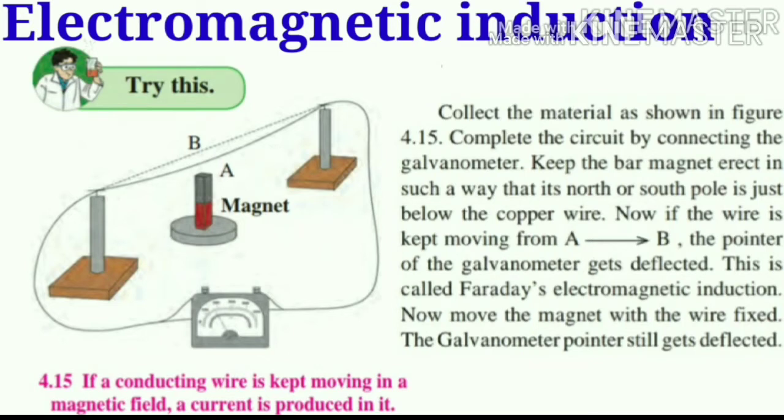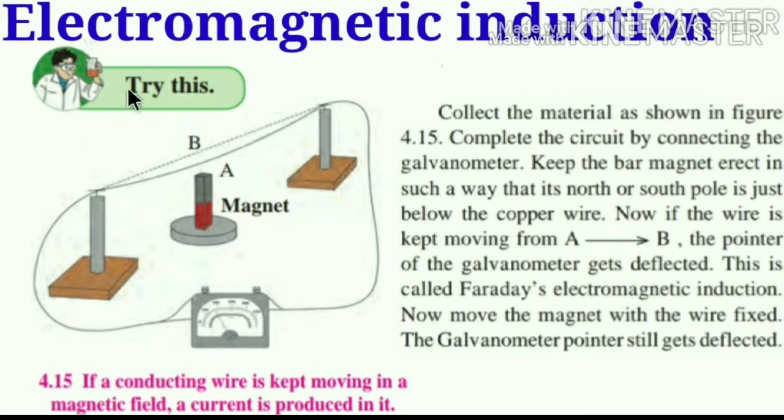Faraday showed that an electric current can be produced in a conductor with the help of a moving magnet. In the electric motor, the conductor is moving and the magnet is stationary. But here, the magnet is moving. So we are studying electromagnetic induction.